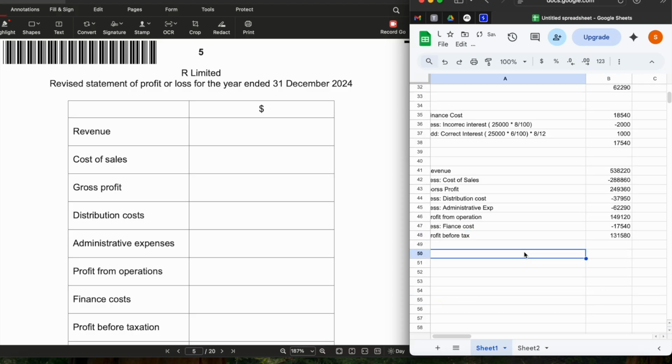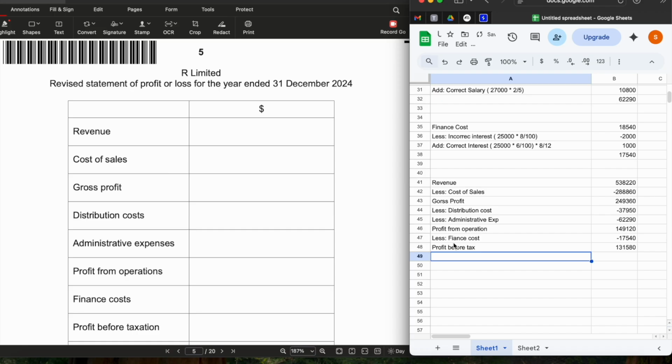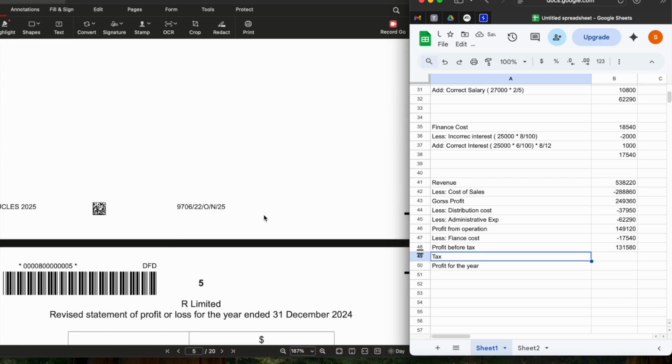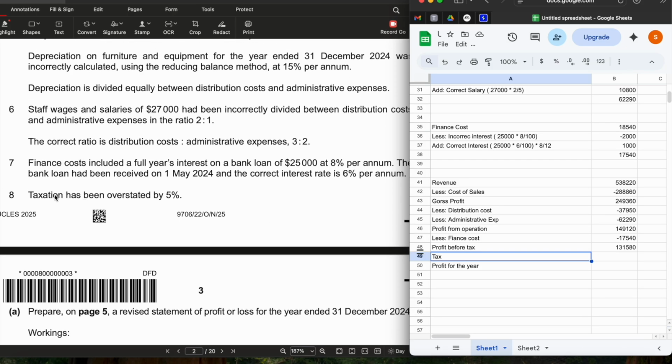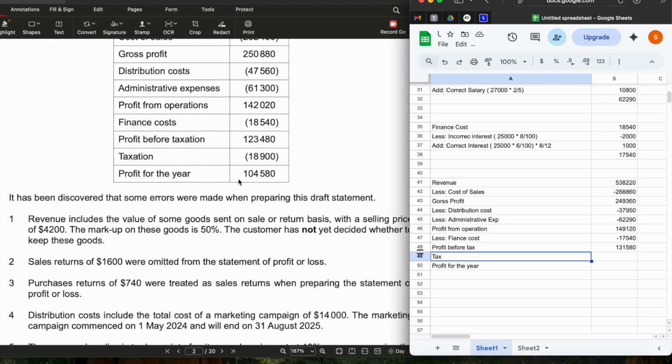Now from profit before tax, when we subtract the tax amount, we'll get profit for the year. The question is, how do we calculate the tax? If you go back to the question, it mentioned that tax has been overstated by 5%. So the amount given for tax, 18,900, is 5% more than what it's supposed to be.